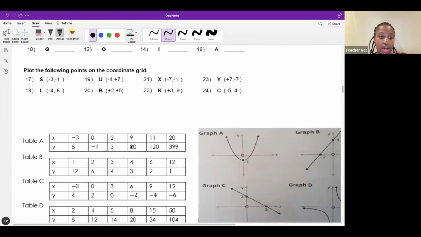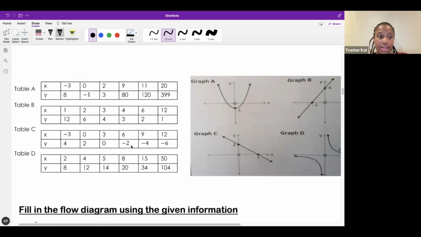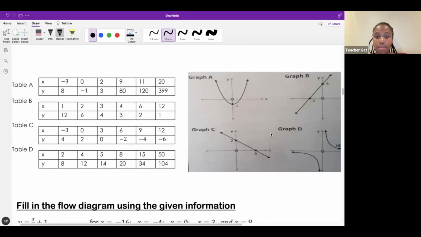Okay. Now, let us compare tables with graphs. You guys remember this exercise, right? In the previous lesson, we were matching formulas with tables. Now, in this case, we're going to match graphs with the same tables, okay?